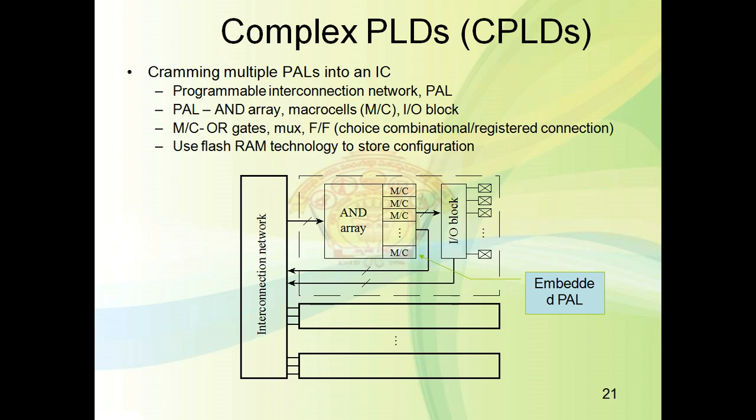Large CPLDs may contain thousands of gates and hundreds of flip-flops, which will allow us to implement even complex circuits. So a large number of functions can be implemented by using the complex programmable logic device. So this is about the CPLDs.